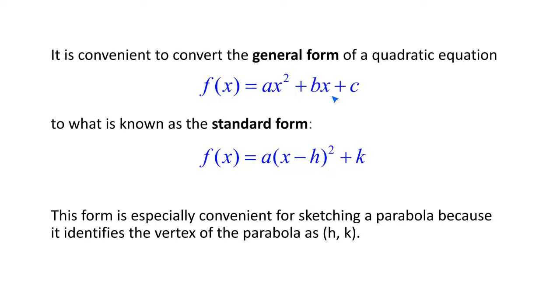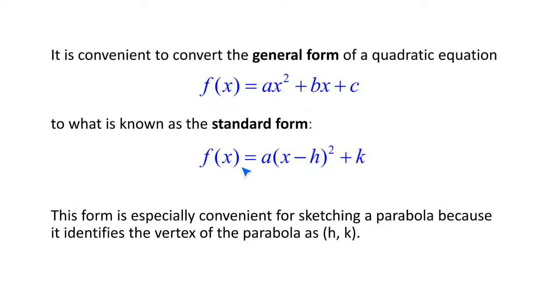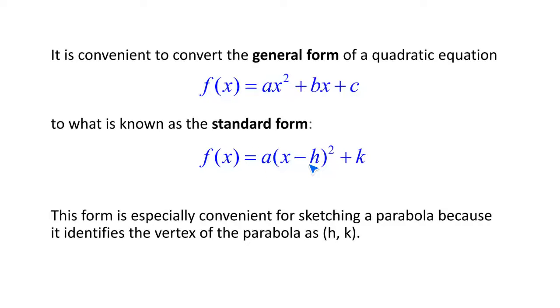We call this the general form of a quadratic equation, and we're going to want to convert it so that it looks like the standard form. One of the purposes of converting it to standard form is so that we can easily get the vertex out of it. You'll see in the next few slides I'm going to do about 3 examples on how to convert from one form to the other.